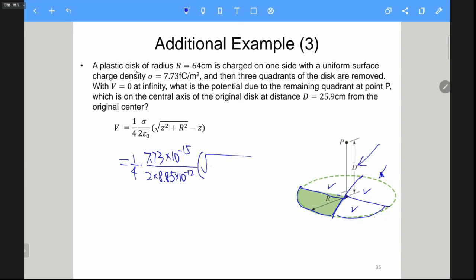So this is 0.259 square plus capital R, capital R is 64 centimeters, 0.64 square, minus, oh sorry, not 0.64, it should be capital D, which is 0.259. Okay, so the answer will be 4.71 times 10 to the minus 5th power volt.